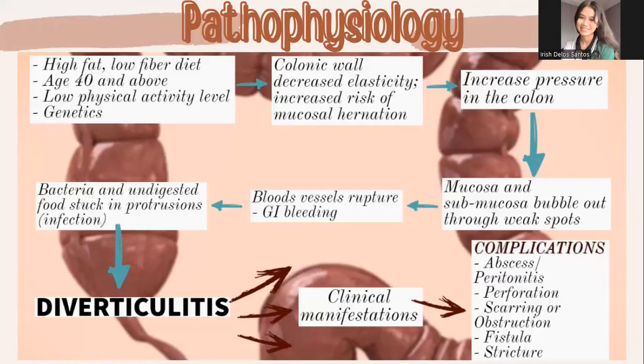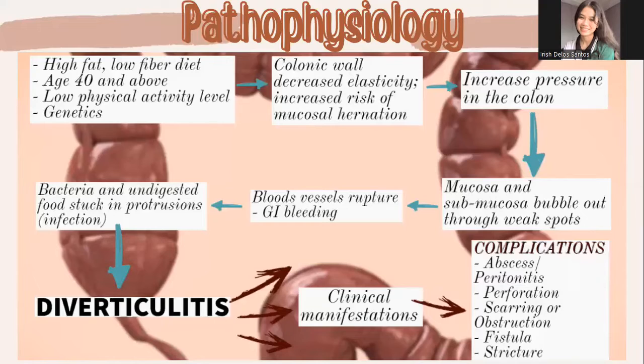So, as the pressure increases in the weak spot, blood vessels can rupture, causing GI bleeding. If there is bleeding, there is an opening. So bacteria can enter and undigested food gets stuck in the protrusions, causing the diverticulum or diverticula to be infected. This is known as diverticulitis.